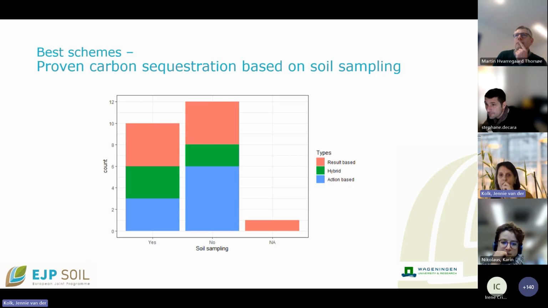So it is not a general thing to have soil sampling included in the scheme. In the action-based schemes there is more often no soil sampling, which is logical, because in the result-based schemes there is soil sampling about as often as there is none.